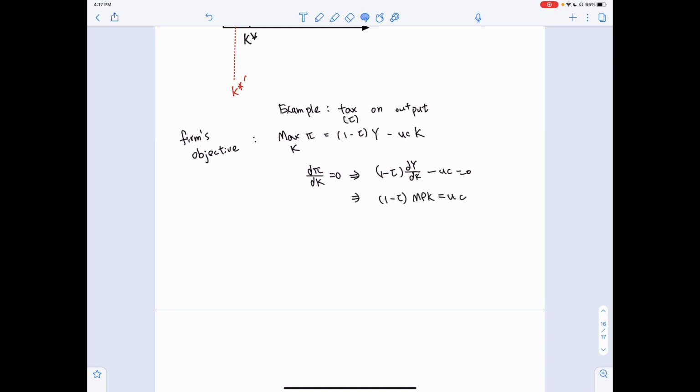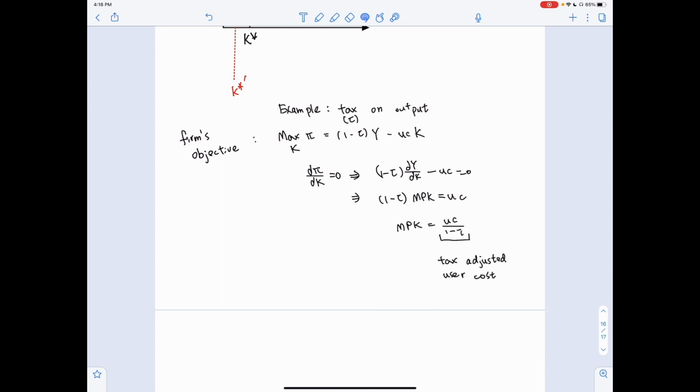And then we are able to find the profit maximization condition, that is (1 minus tau) multiplied by the marginal product of capital equals the user cost. So this equation is very similar to the earlier one, except that now we have tax on the output. So when we look at the marginal product of capital, we have a tax term in front of that.